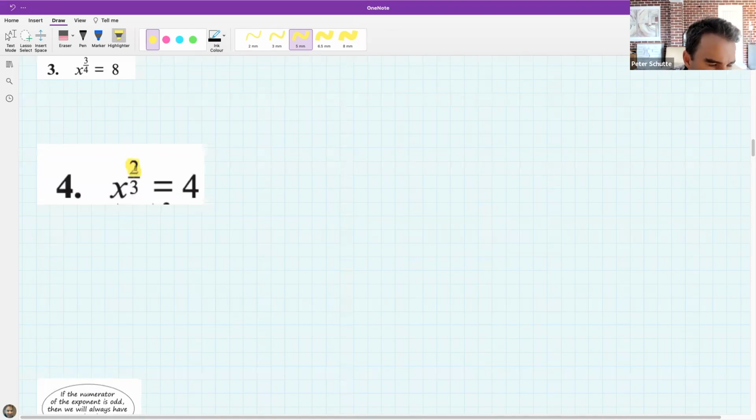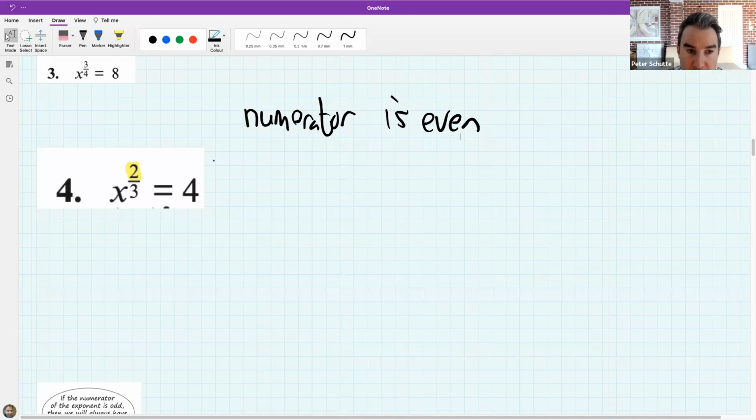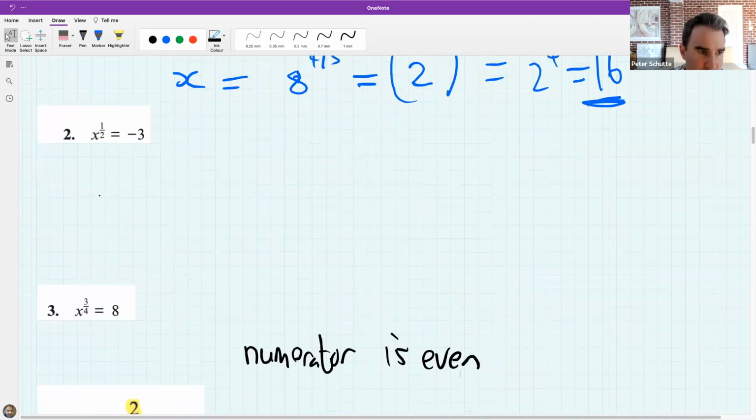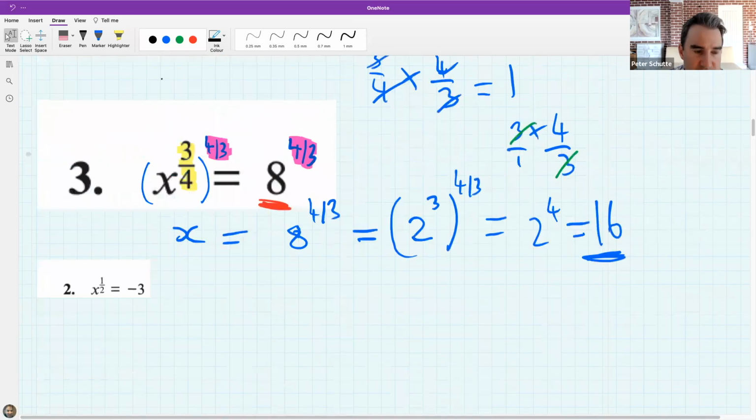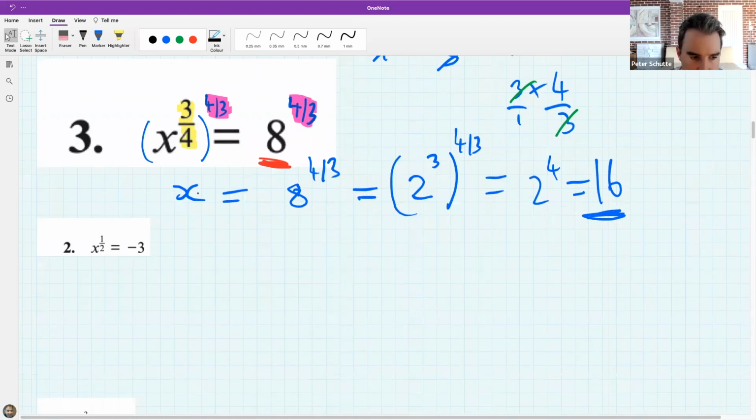Can you see that the numerator is even in this question? Up until this point, I have deliberately avoided having a numerator in the fraction which is even. If you look back to the previous questions, you'll notice that I had 3/4, so the 3 is an odd number.